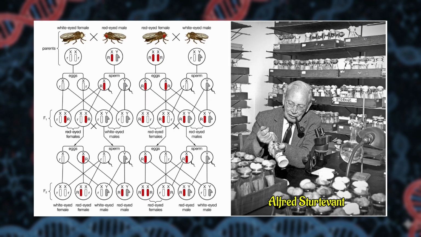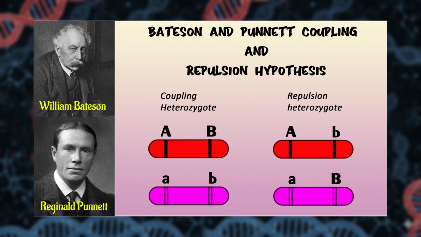The student of Morgan, namely Sturtevant, used recombination frequencies to construct the first genetic map in 1913, marking the beginning of chromosomal gene mapping. Bateson and Punnett in 1905 had noticed exceptions to independent assortment in sweet pea and introduced the concepts of coupling and repulsion.